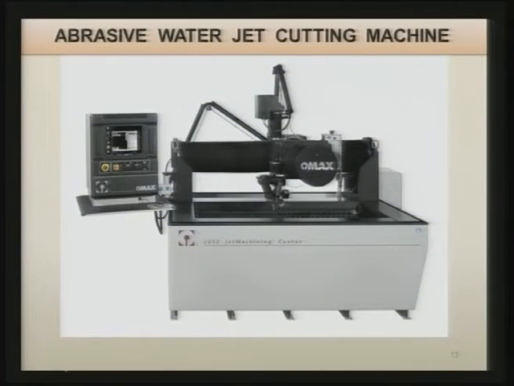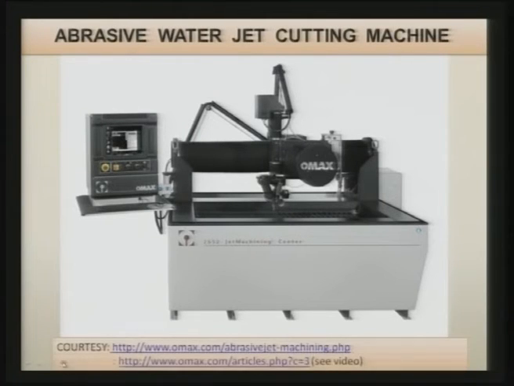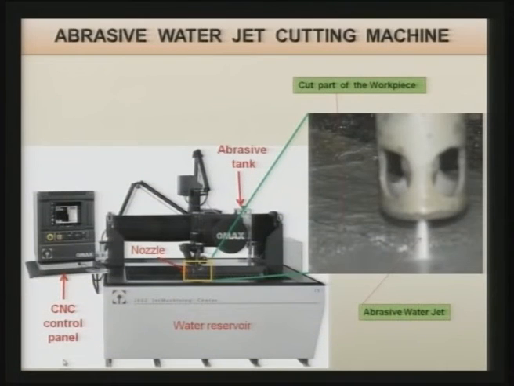Now, this is the actual abrasive water jet cutting machine which IIT Kanpur purchased. Now, the details of this particular machine can be seen on this site, which is given over here. Here you can see the video also for this particular machine. Now, you can see the various parts over there.